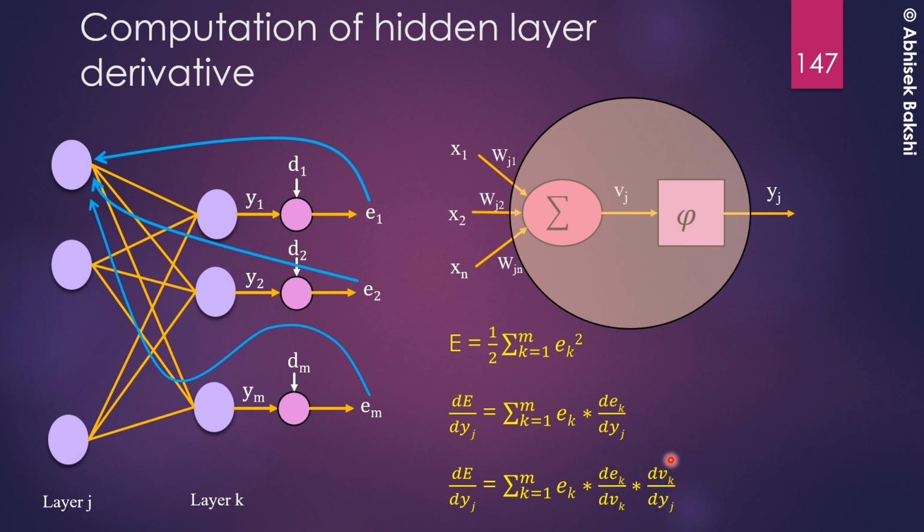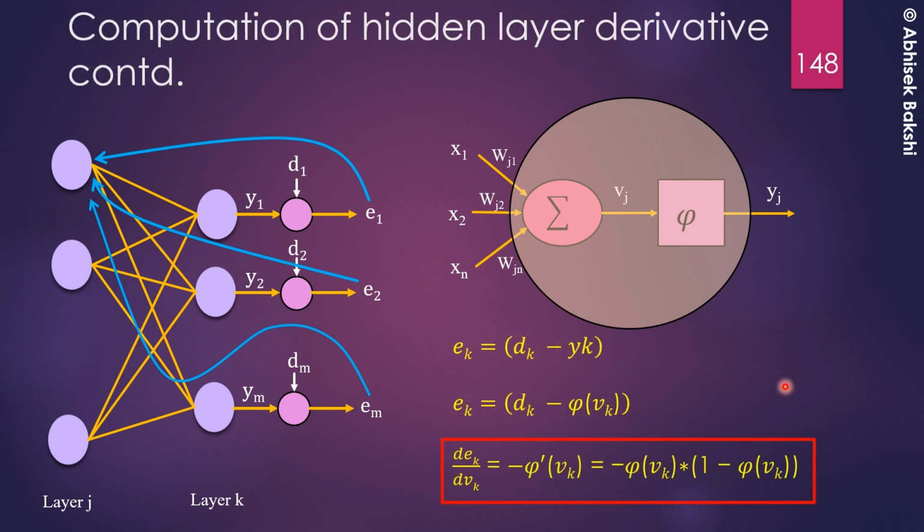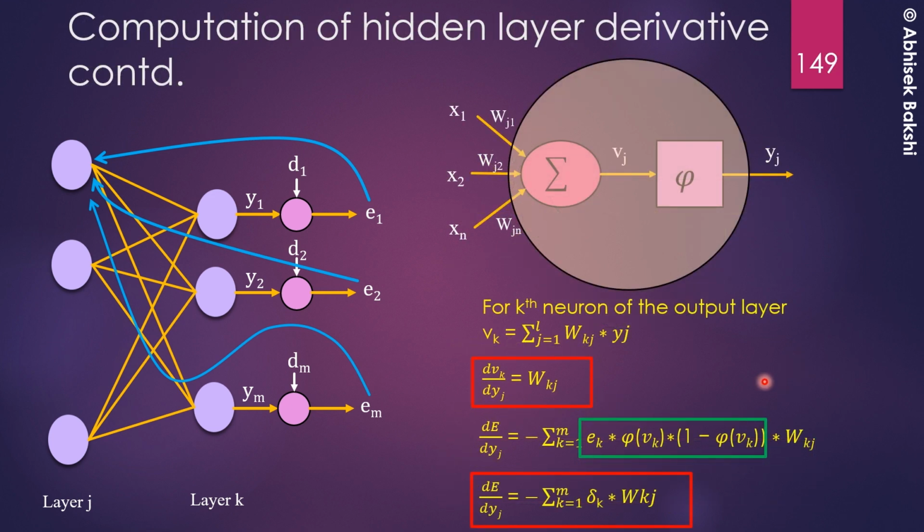Now we have to check how to calculate dvk/dyj. Just try to understand this point, it is very critical. For the kth neuron of the output layer, vk is equal to this. So for dvk/dyj, you are trying to find the derivative with respect to yj.